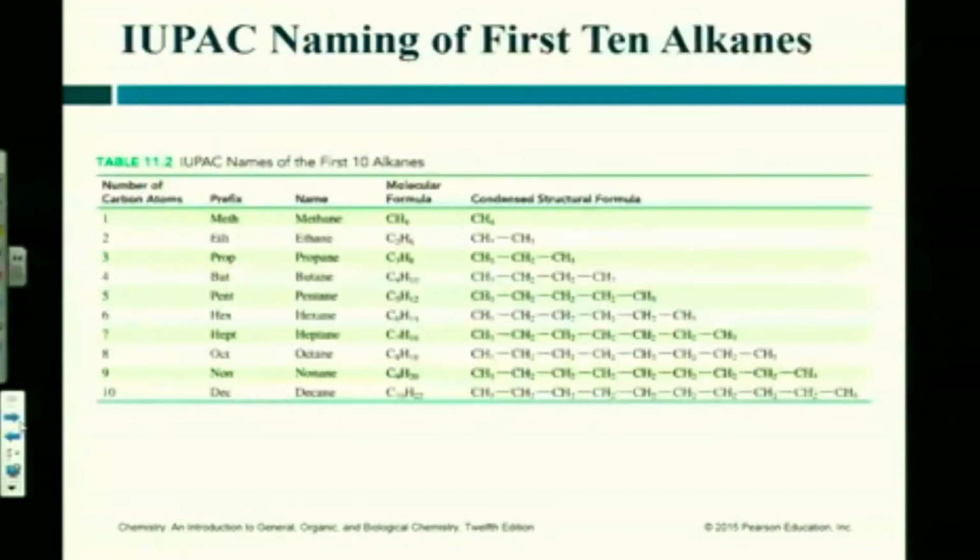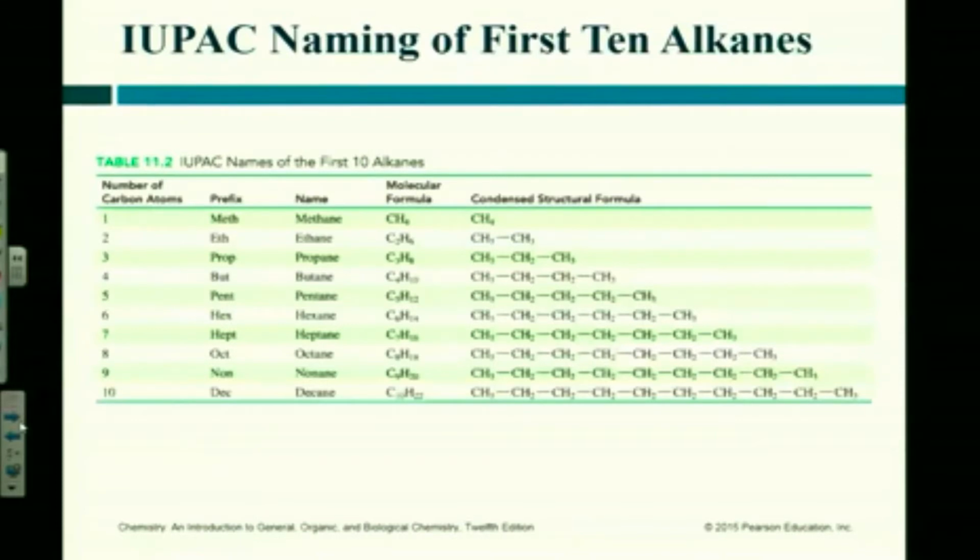And this chart is in your book. Chart 11.2, page 364, has the names for the first 10 alkanes: methane, ethane, propane, butane, pentane, hexane, heptane, octane, nonane, and decane.